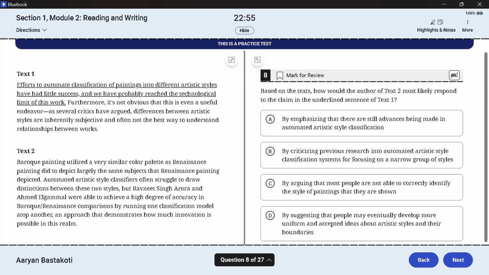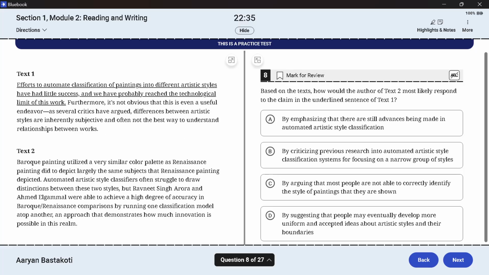Based on the text, author 2 most likely referred to the claim underlined in author 1. Efforts to automate classification of paintings into different artistic styles have had little success, and we have probably reached the technological limit of this work. Furthermore, it's not obvious that this is even a useful endeavor, as several critics have argued. Differences between artistic styles are inherently subjective and are not often the best way to understand relationships between works.